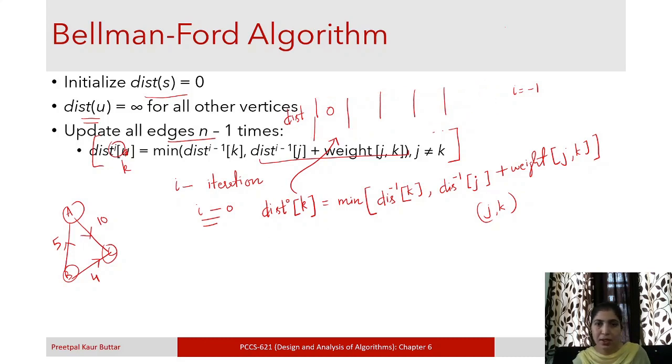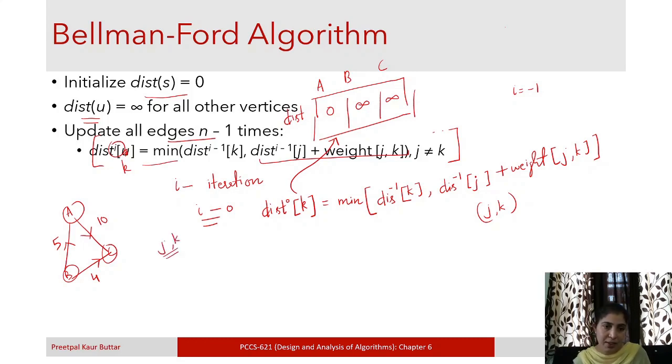Suppose the source vertex is a, and b and c will be infinity. We are updating for all the edges in this loop. j, k means all the edges.